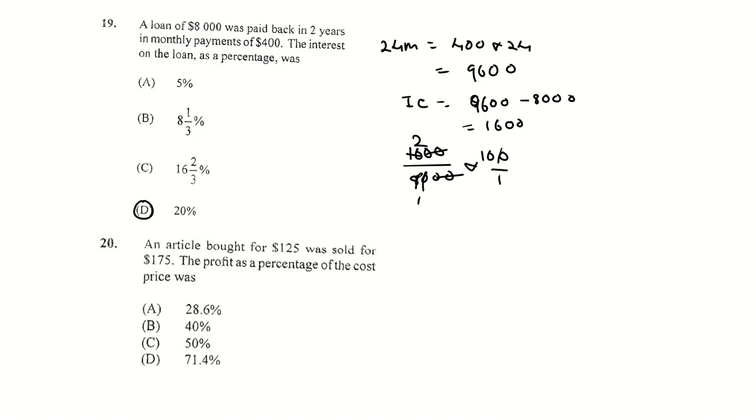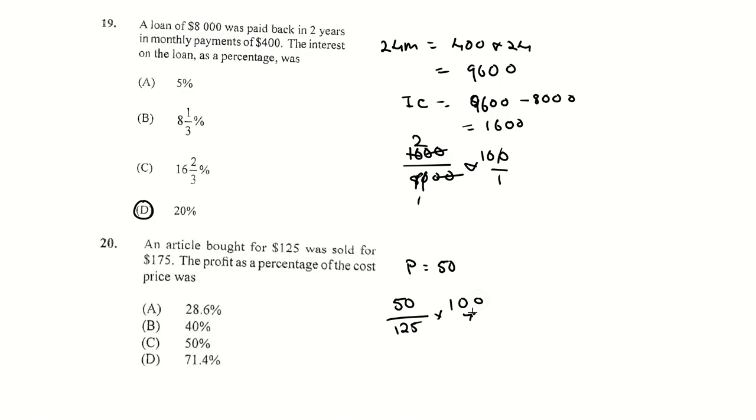Alright, an article bought for 125 was sold for 175. They want to know the profit as a percentage of the cost price. So the profit would be 50. The cost price was 125.